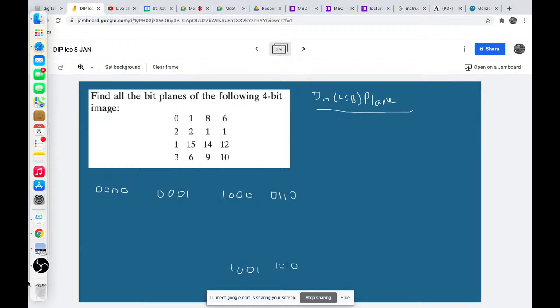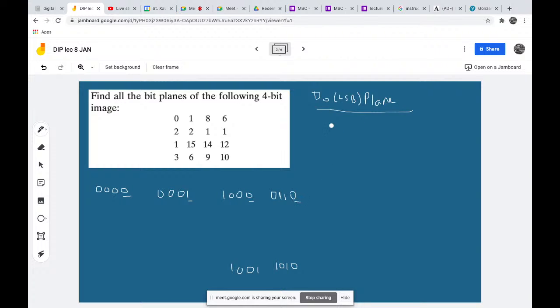So what is the least significant bit plane? You will take the least significant bits from all. It will become 0, 1, 0, 0, 0, 1, 0, 0.